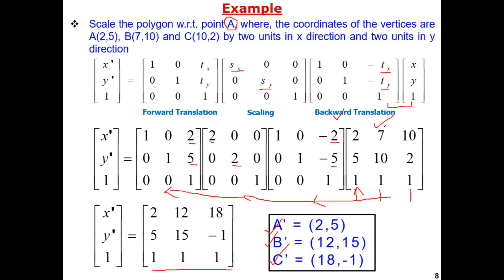The first matrix toward the right will be the point matrix, and the second matrix will be whatever other matrix you have decided. If you use pivot point operations, you need three different matrices: the backward translation matrix, then the scaling matrix, and then the forward translation matrix. All these operations give the final result. So dear students, you have understood how the operation is performed in the scaling matrix.